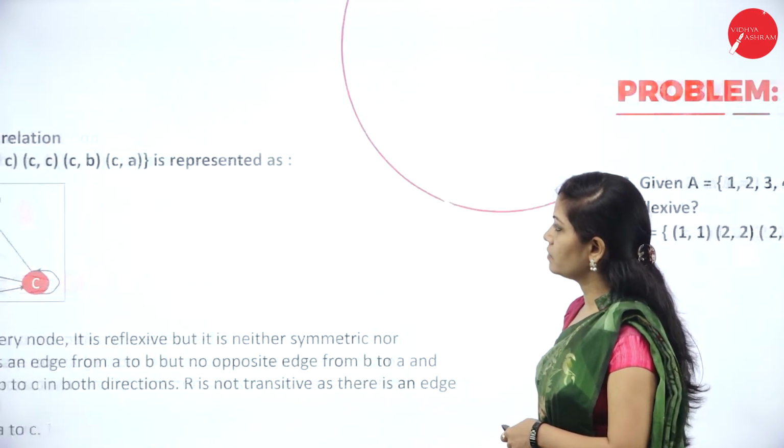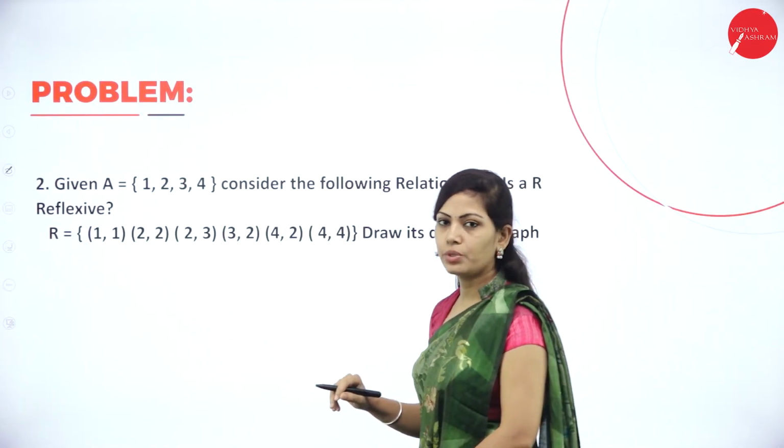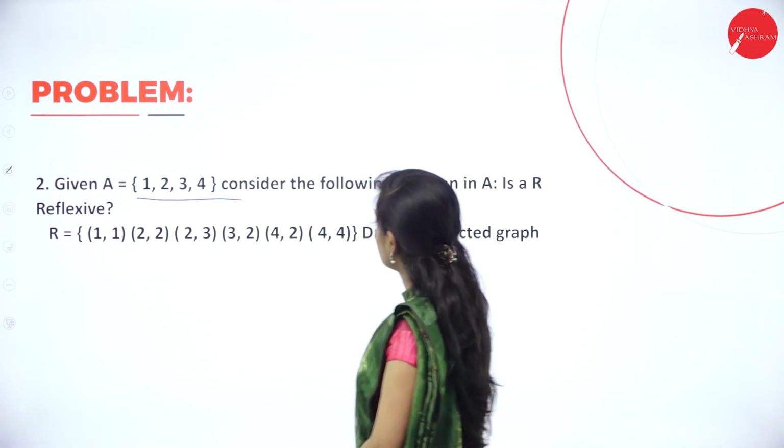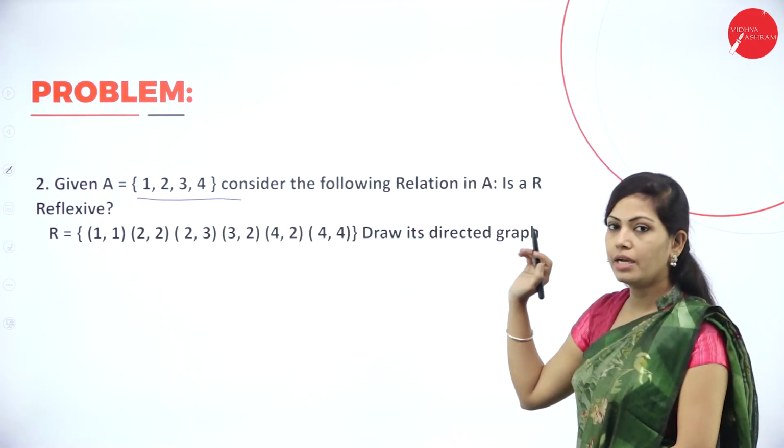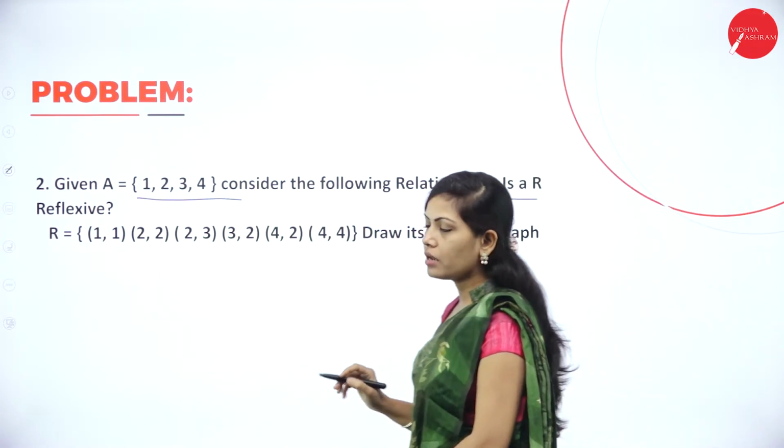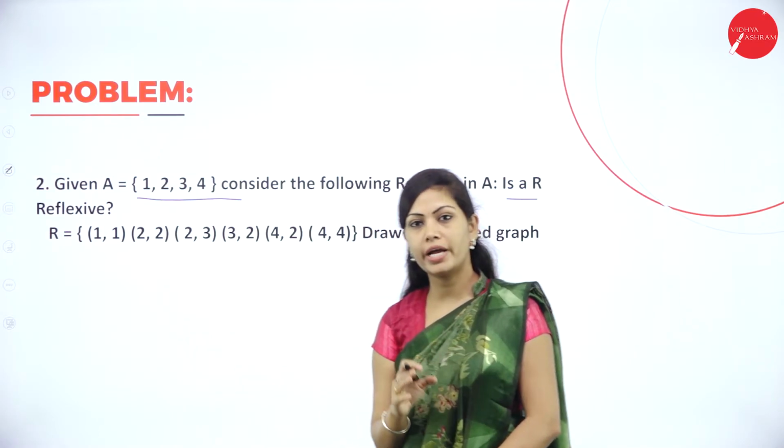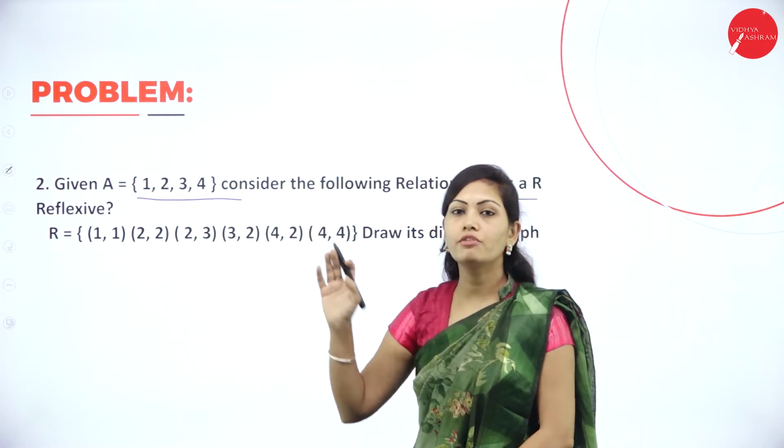In the next question, given A is equal to {1, 2, 3, 4}, consider the following relation in A. Is R reflexive? Here you have to find whether it is reflexive or not.